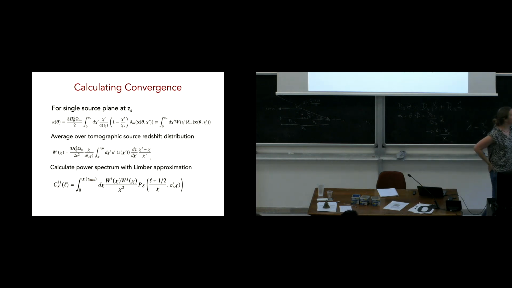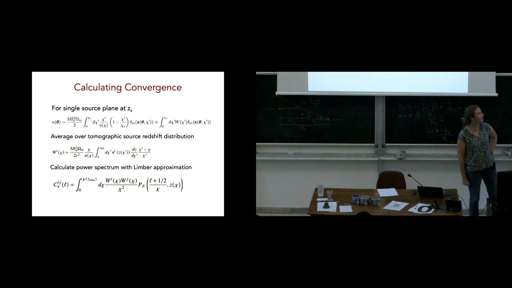Often then we continue with shear, which is directly related to convergence. Let's just get clear about a bit of the math. This convergence field is a simple line of sight projection of the matter density, again with our lensing geometry kernel.